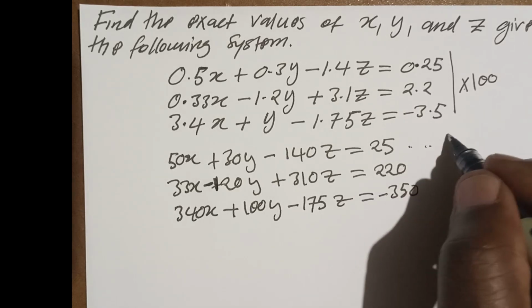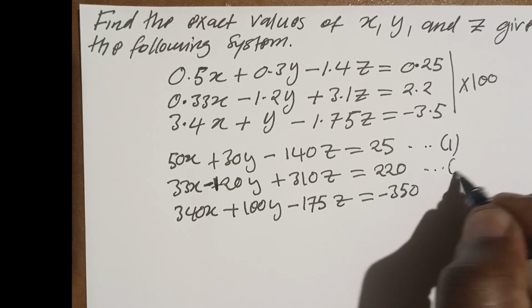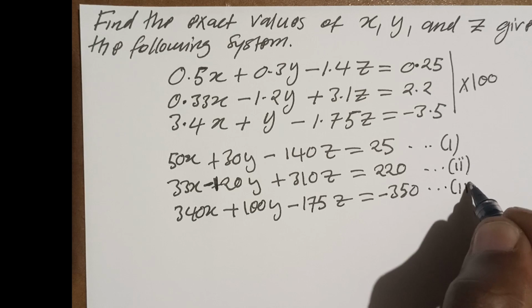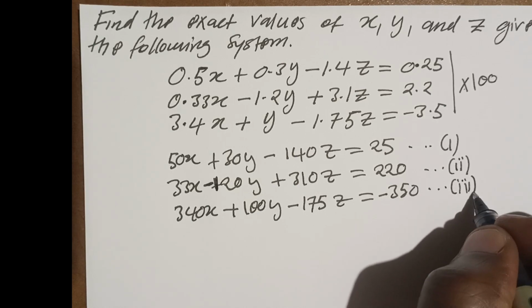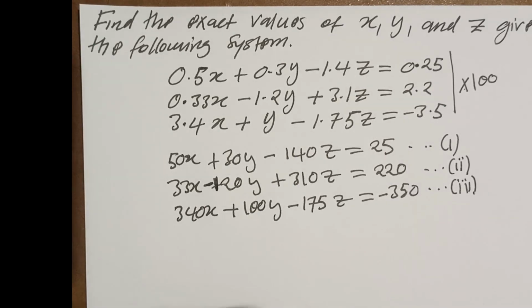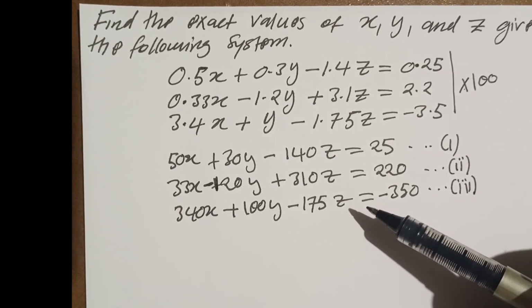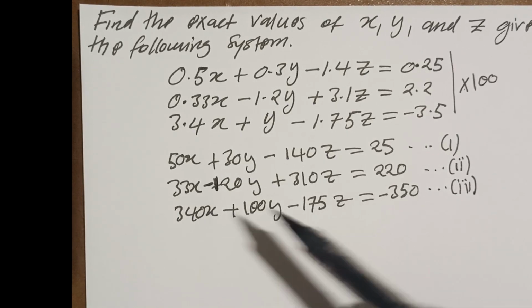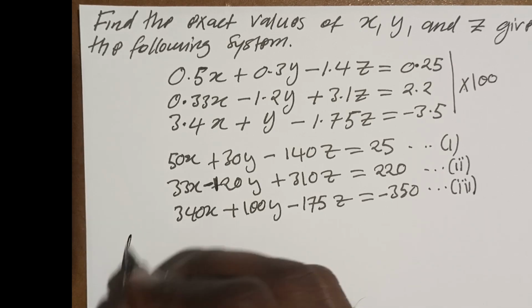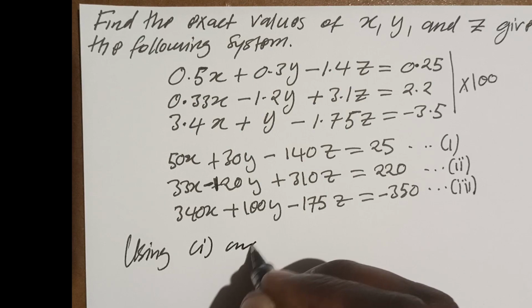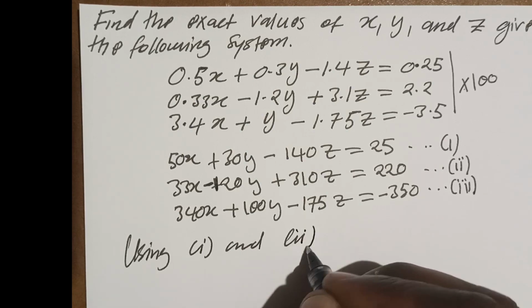So name this as your first equation, your second equation, and the last as your third equation. After you have this, now you decide the method to use. In this case, we're going to use the elimination method. So we're going to pick the first two equations, the first equation and the second equation.